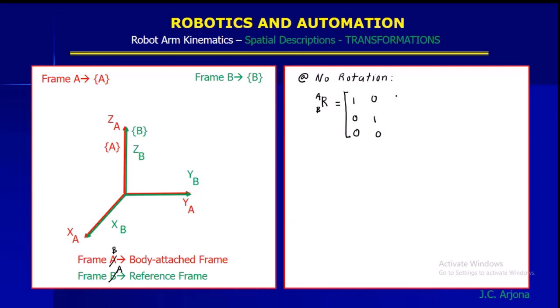For the ZB to A, this is 0, 0, 1. If the diagonals are in unity, this denotes that no rotation happens.